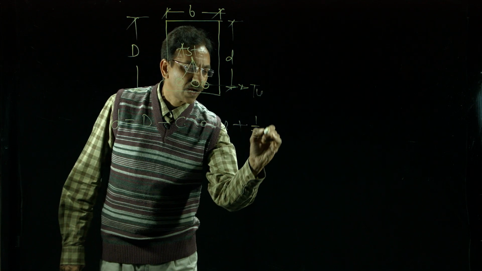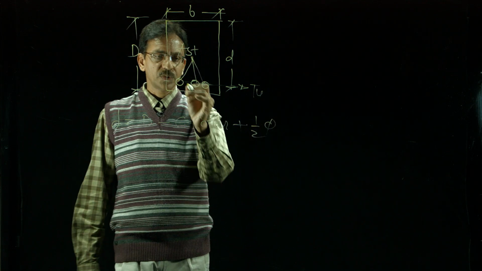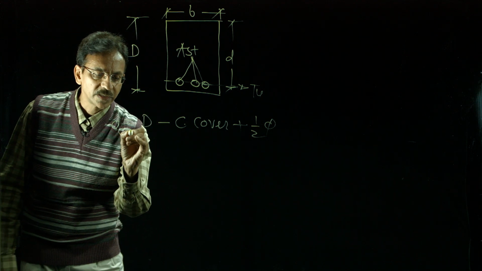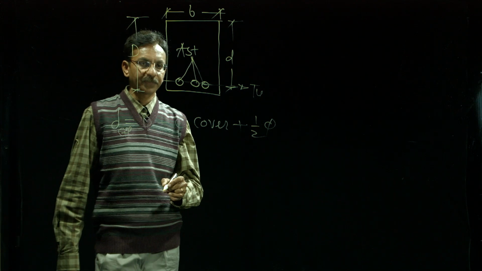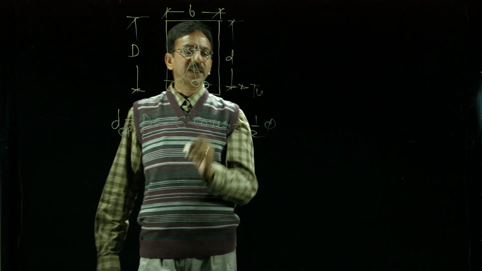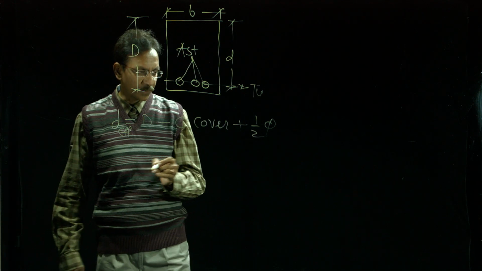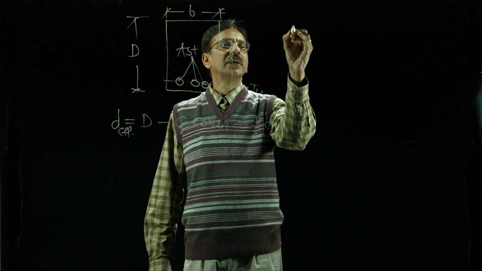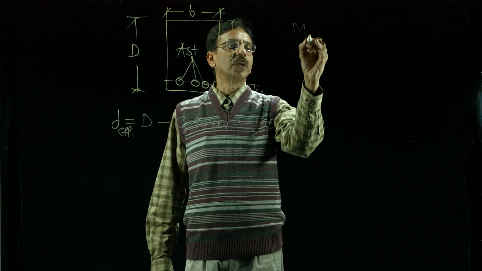So, that is half the main diameter. This is the effective depth, you call it the effective depth. So, total tensile force and total compressive force. Next part we will discuss the moment of resistance value.